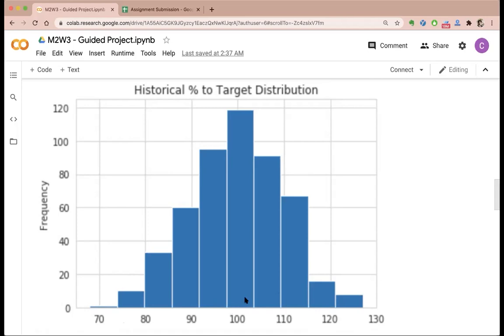I pick 600 samples. Will I get 100 samples in each of these buckets? No, right? So let's try to see.